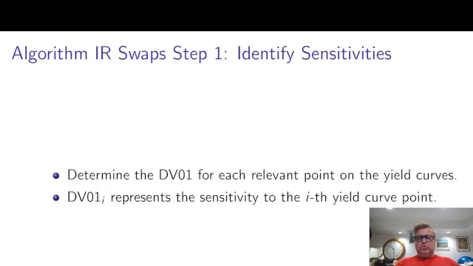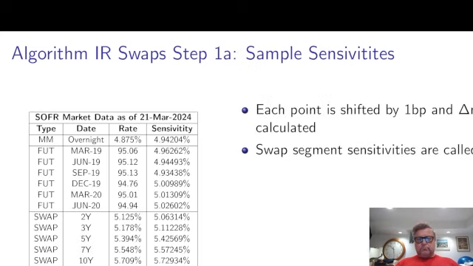To determine the DV01, we want to take each point in the yield curve. We can do the same thing for bonds as well. Now we have the DV01, and it represents the sensitivity of the ith yield curve point. Here, for example, we see on the left side the SOFR curve with the money market rate, a bunch of futures, and then swap rates.